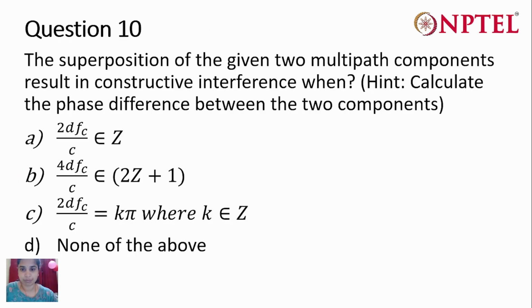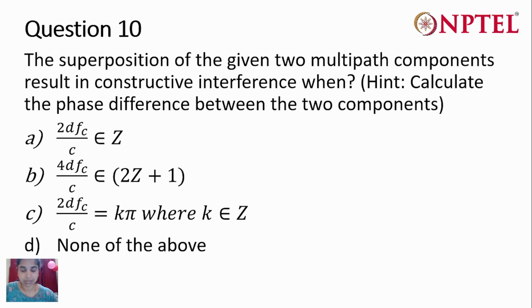Let's read the question and go back to those equations. The superposition of the given two multipath components results in constructive interference when? That is, basically you have to find the phase difference between the two components and see when we could expect a constructive interference.